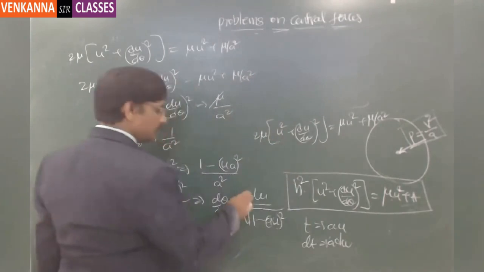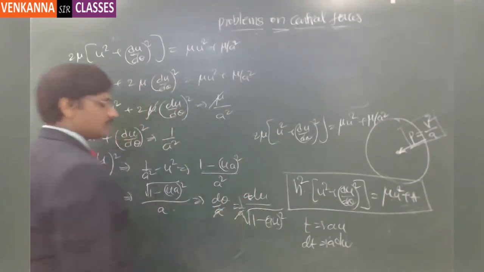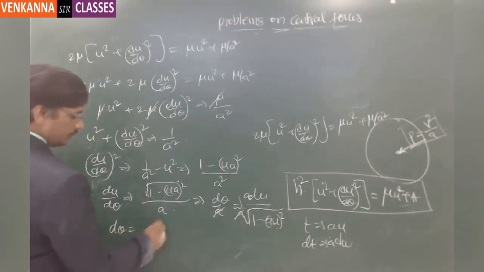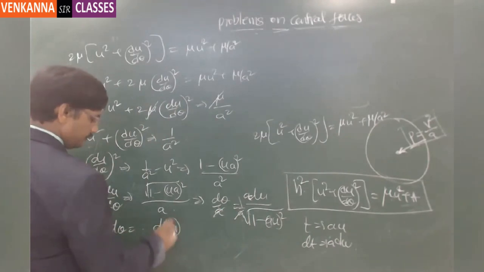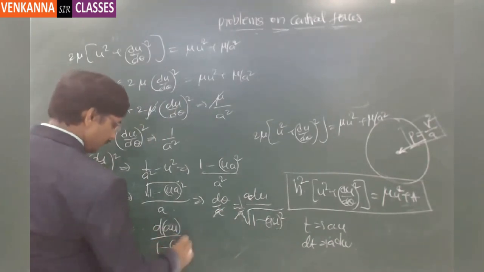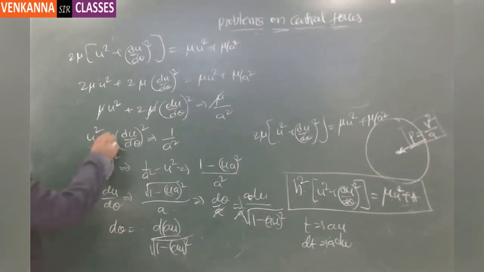So you multiply with a and divide with a, and this a will cancel out, and then d theta equals a times du, that is dt, divided by square root of 1 minus t square. Got it? So I think there is some 2 here. So this is root 2.